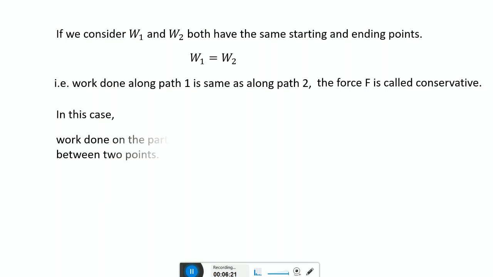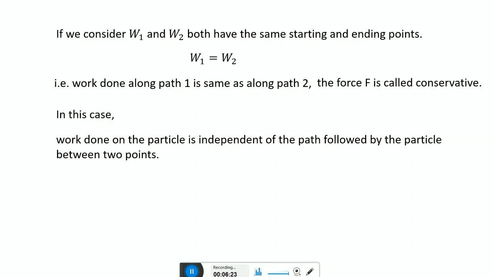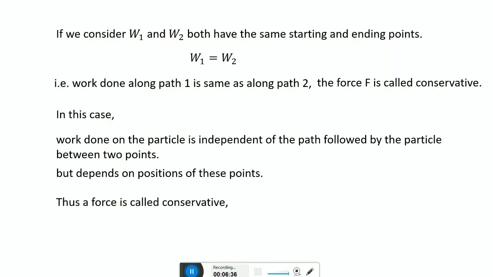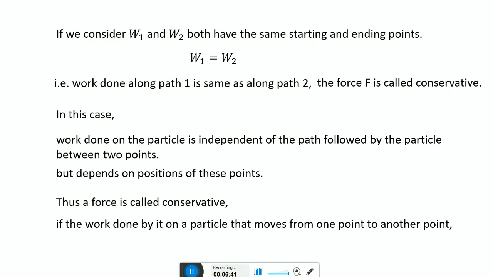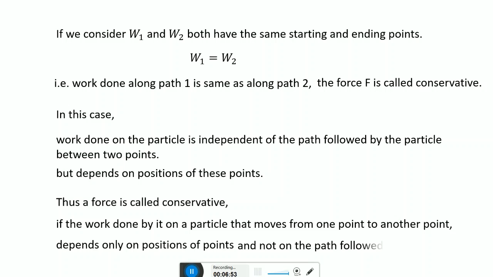In this case, the work done on the particle is independent of the path followed by the particle between 2 points, but depends on the positions of these points. Thus, a force is called conservative if the work done by it on a particle that moves from one point to another point depends only on the positions of the points and not on the path followed.